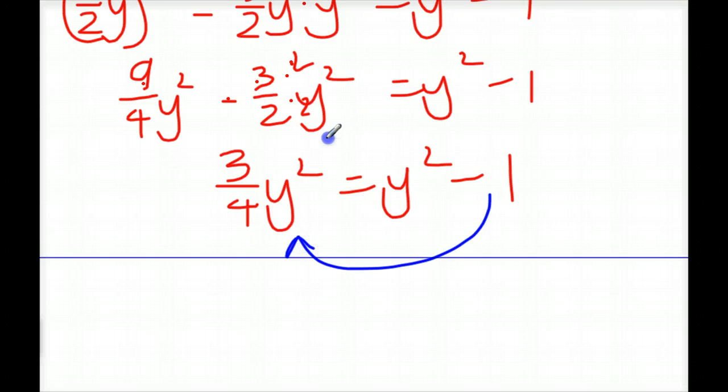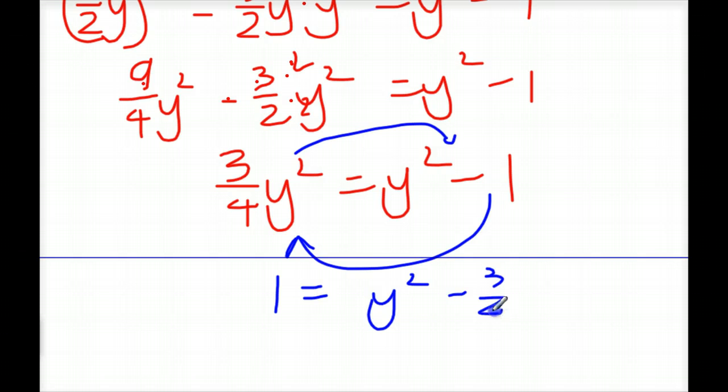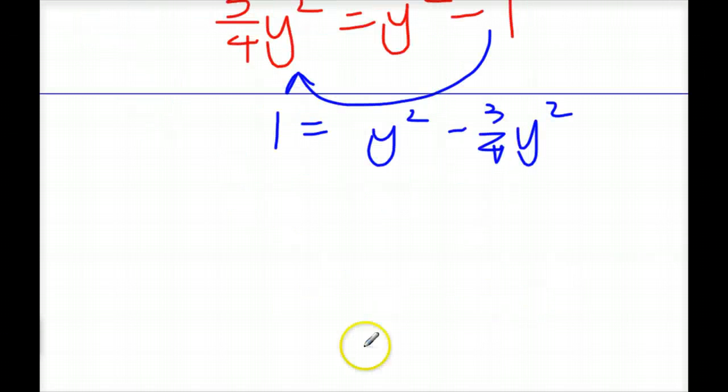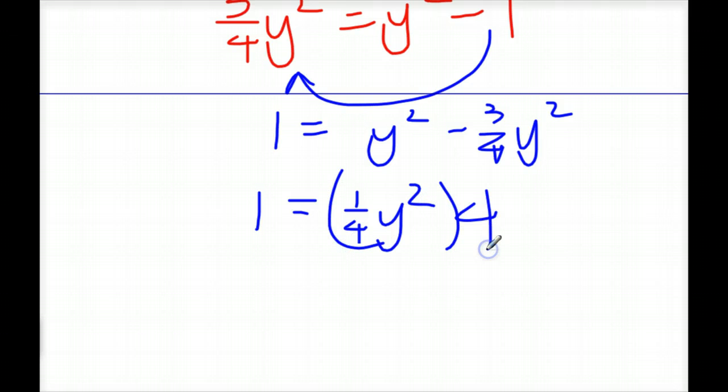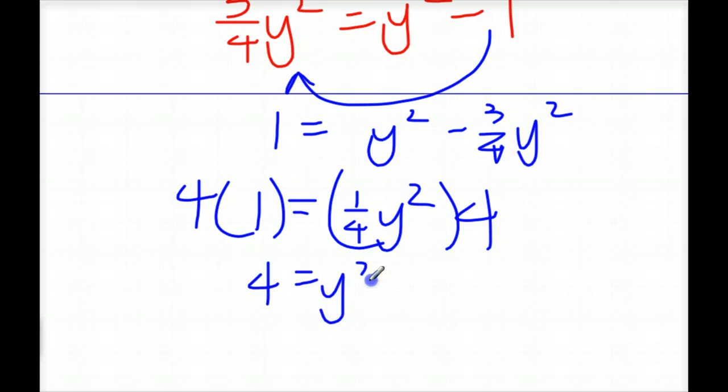I'm going to move this here, but move this here. That gives me 1 is equal to y squared minus 3 over 4y squared. And if I continue, I get 1 is equal to 1 over 4y squared. So I'm going to multiply both sides by 4 just to get rid of that fraction. 4 is equal to y squared, so y has to equal plus or minus 2.